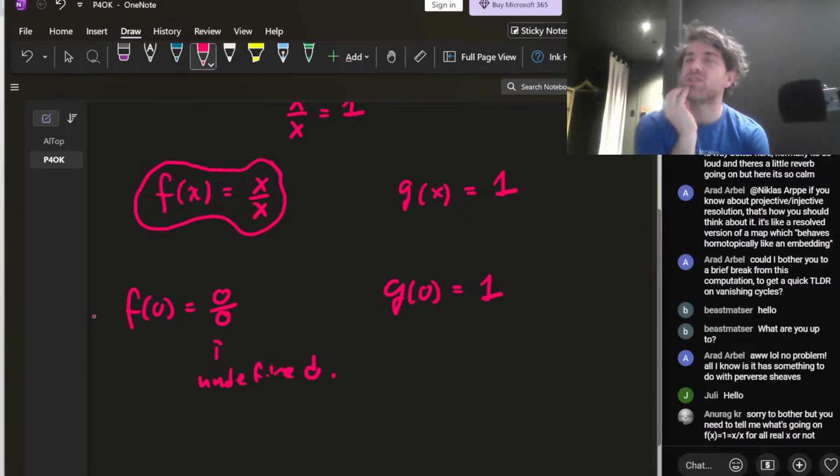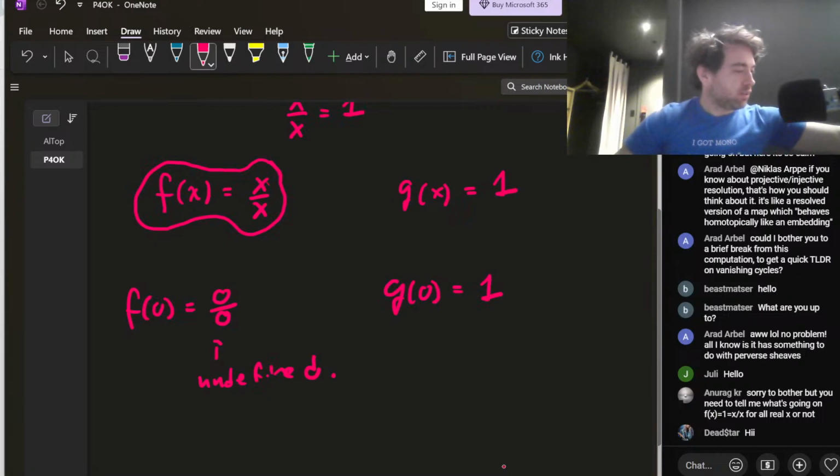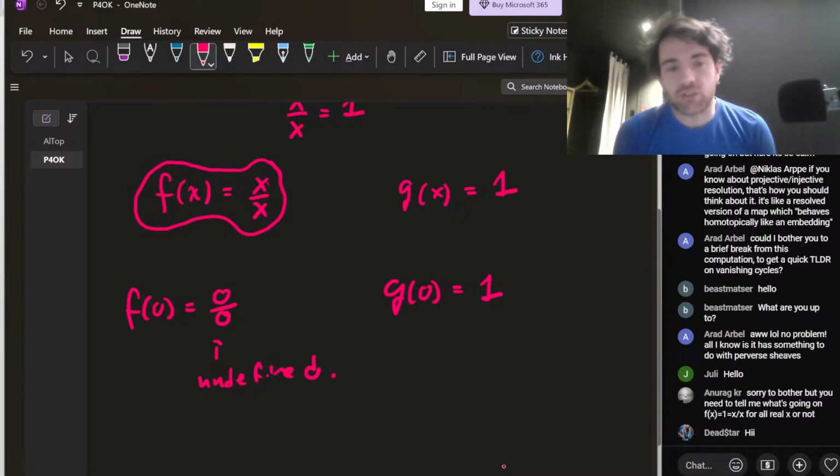The fact that it's undefined if you write it one way, but fine the other. It's definitely not true that 0 divided by 0 is equal to 1. It's simply an undefined expression.